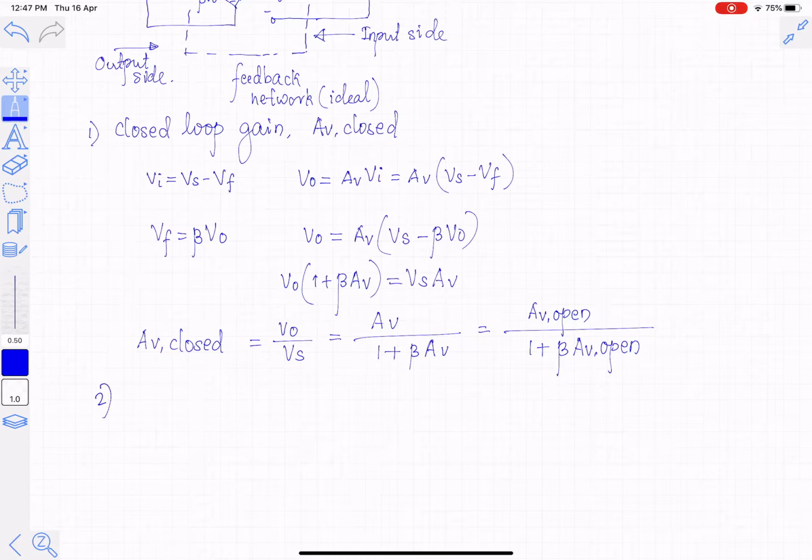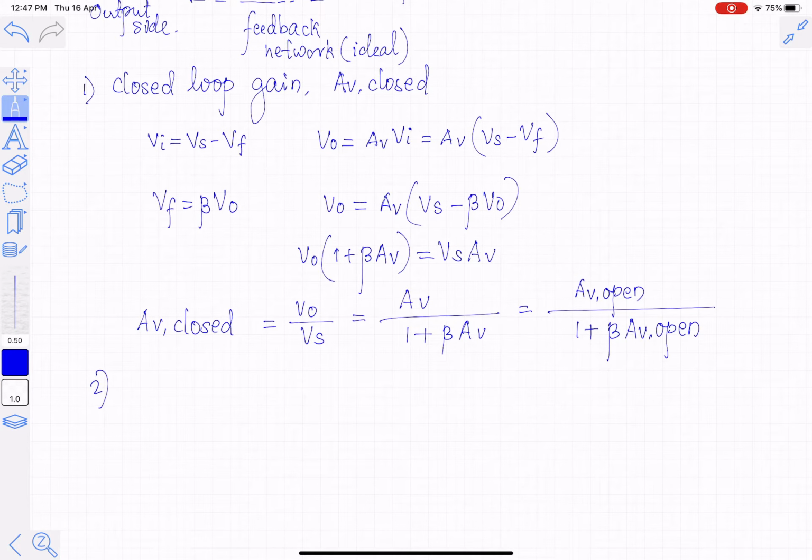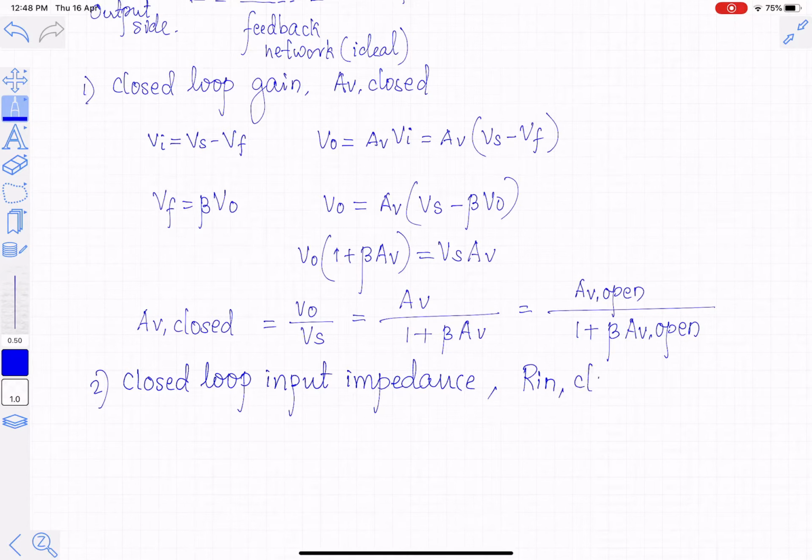Now the second parameter that we have to calculate is closed loop input impedance, which is indicated by Rin closed.